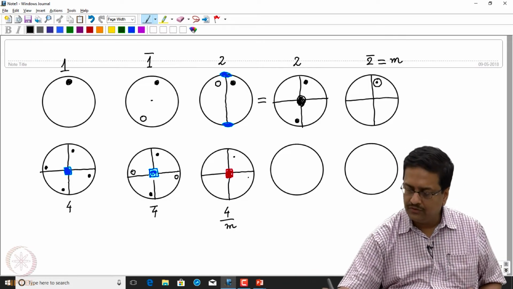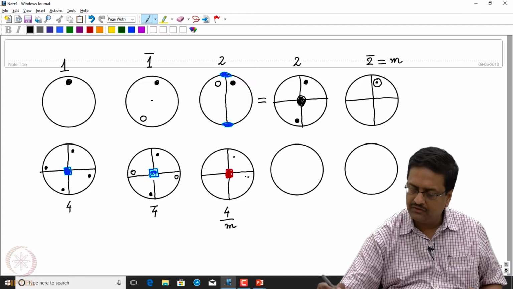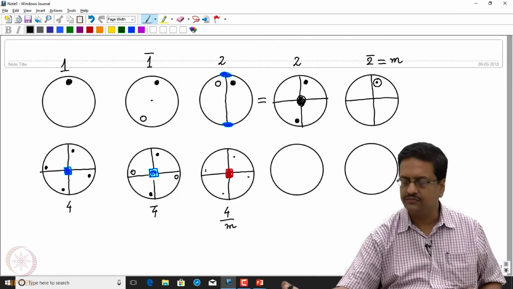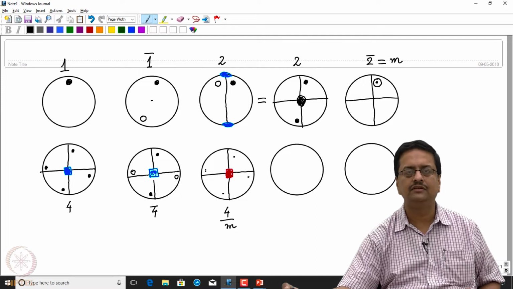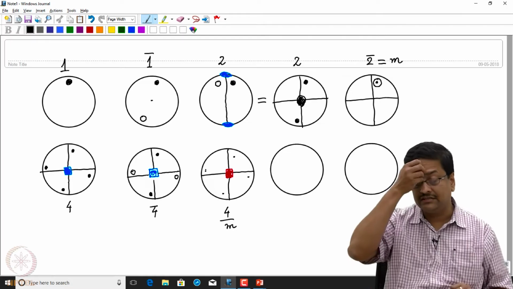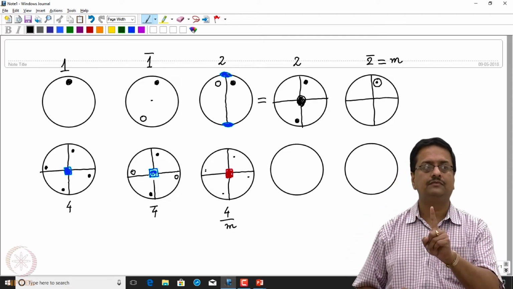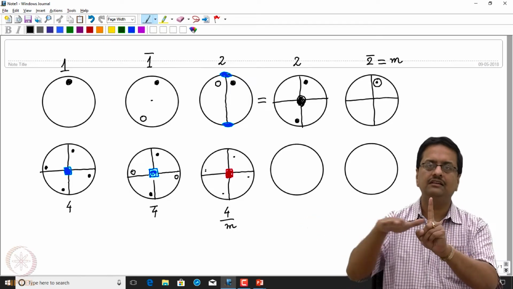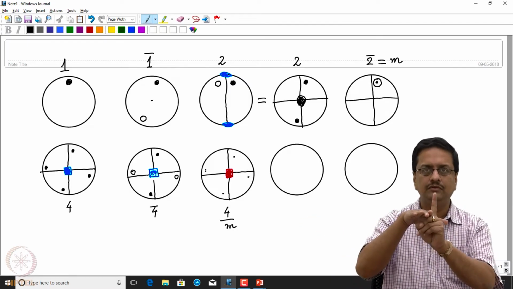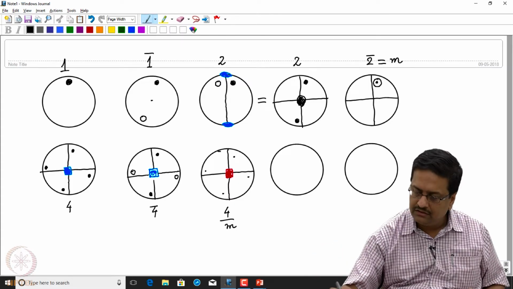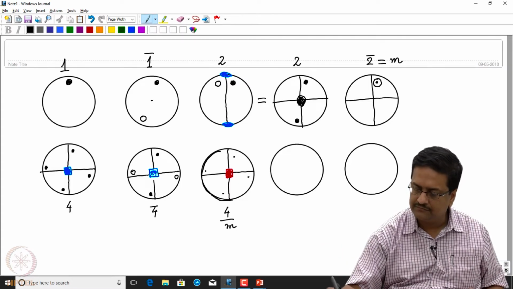We do a fourfold as we have done before on the left hand side, and it generates those 4 points because of fourfold. And now when I am saying that 4 by m, in the previous lecture I have talked about this, 4 by m means a fourfold is along C and mirror is perpendicular to that fourfold. So the mirror plane is the plane of this particular circle.